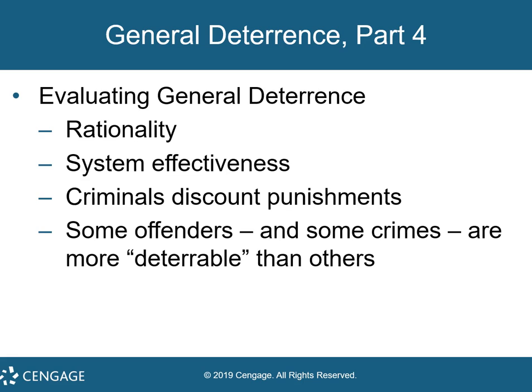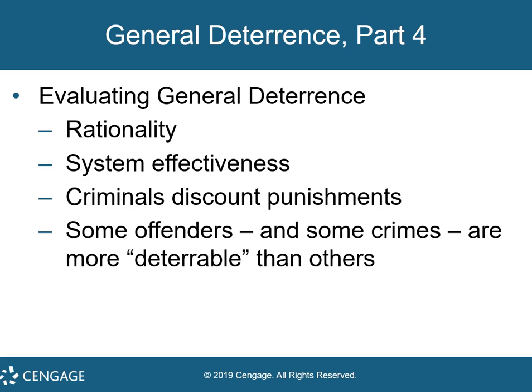When we talk about evaluating general deterrence, first we do it through rationality. Deterrence theory assumes a rational offender who weighs the costs and benefits of a criminal act before deciding on a course of action.